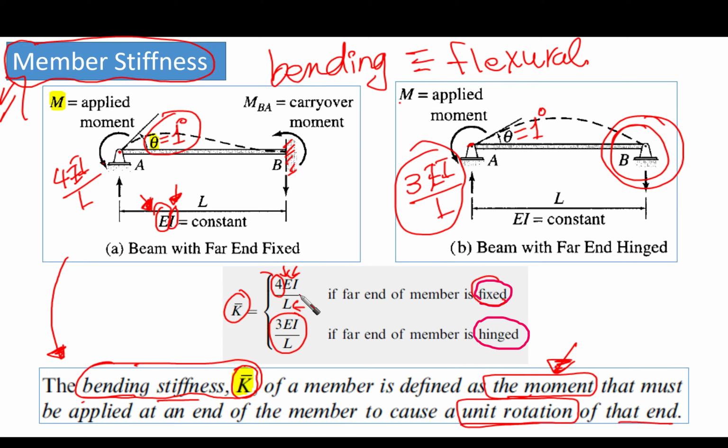What I want you to understand is, which one is bigger, this one or this one? Seemingly we have a constant here, everything is the same. Here we have 4, here we have 3.